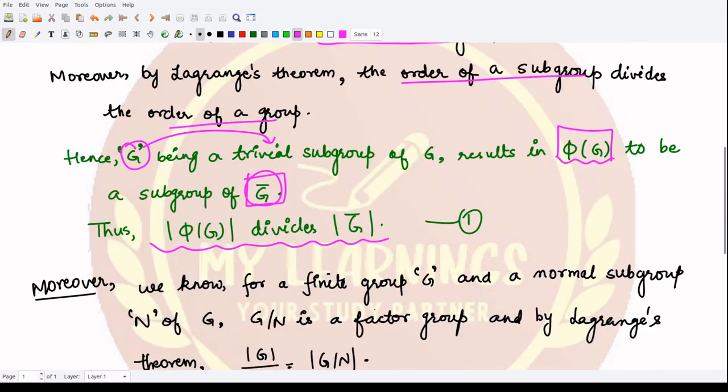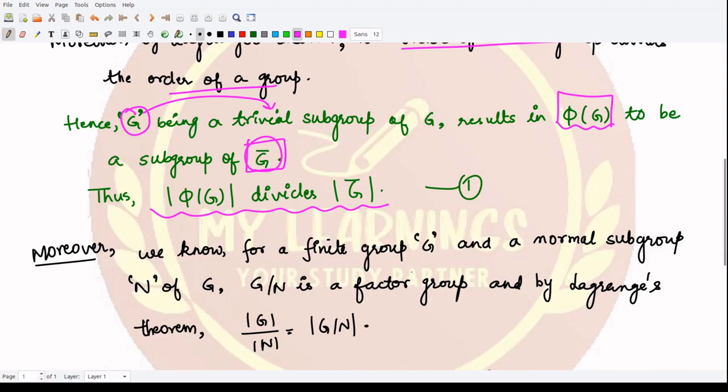Now, moreover, you know that for a finite group G and a normal subgroup N of G, G modulo N always forms a factor group or quotient group. We have also studied by Lagrange's theorem that the order of the group divided by the order of the normal subgroup is the order of the factor group.